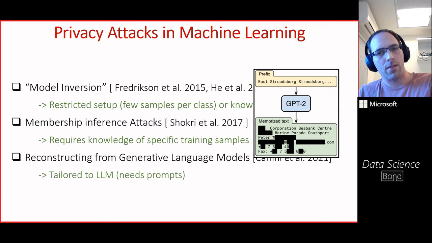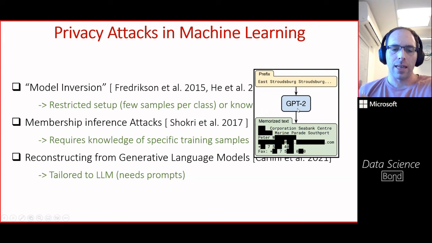What they show is they take this huge language model, and by finding very specific prefixes or prompts, like you have here, the model would generate some data which might be sensitive, like telephone numbers or addresses that you wouldn't want any users to find. So this is also sort of reconstructing data from the training set, but it is very tailored to generative language models. So this is the landscape of privacy attacks in machine learning related to our work.